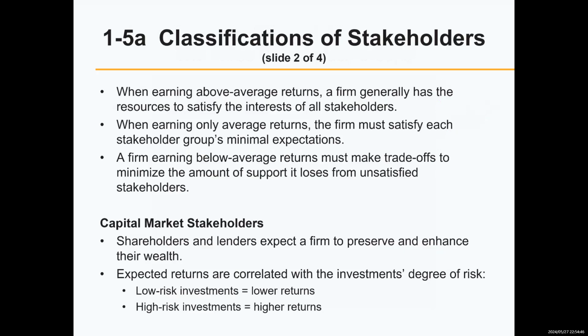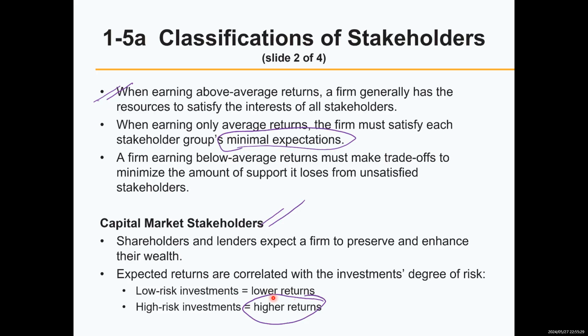So it's very hard for the firm to maintain a balance between all the stakeholders, because all the stakeholders have different demands, right? So when earning above average returns, a firm generally has the resources to satisfy all the interests of the stakeholders, which means the firm must satisfy each stakeholder group's minimal expectations. And of course, if you focus on capital market stakeholders, they want to get higher returns.